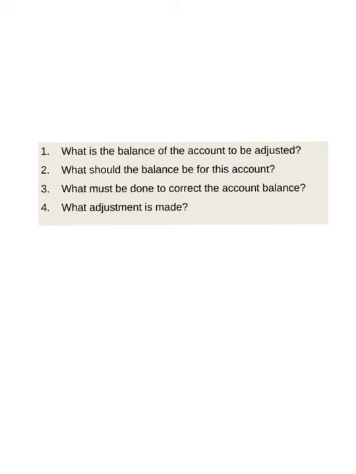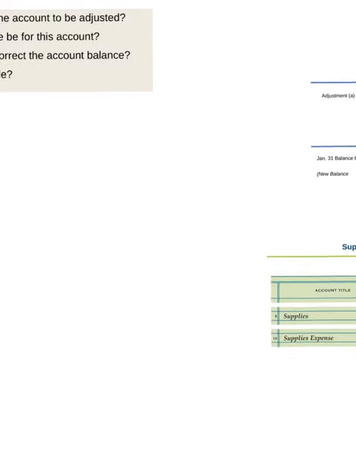Next, what must be done to correct or adjust the balance? And lastly, we determine the adjustment that needs to be made. So if we follow that example, and I'm getting this example right from your notes from 6-2.